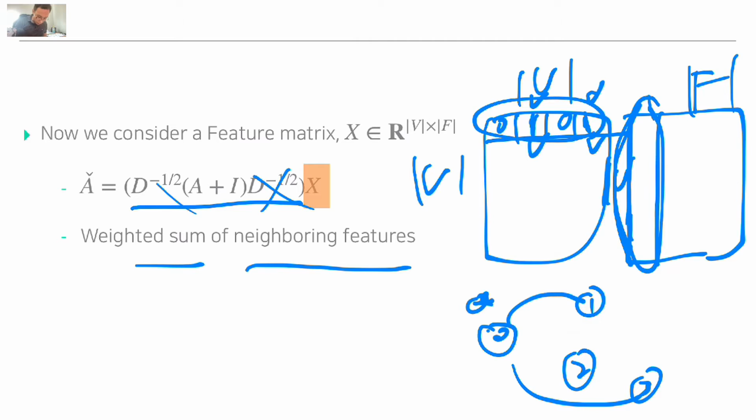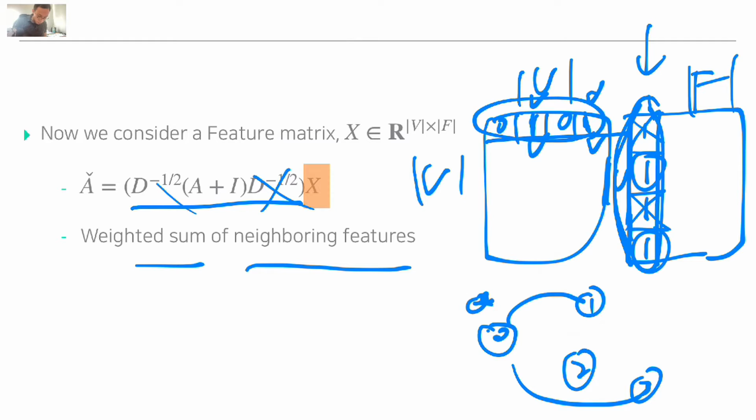So when we multiply this, for example, the value 1 is the feature for all the vertices in the first feature. We ignore this, and we're considering this and this.